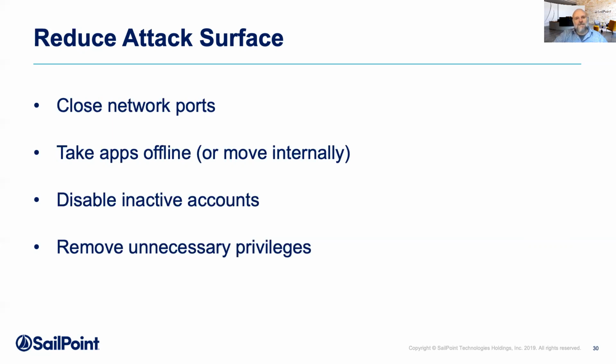Disabling inactive accounts is a gimme, right? If you have accounts that belong to people who don't work at your company anymore, and you don't have any reason, you've got to be careful if they've got business processes that someone hard coded their account into. Be delicate with that cleanup, but you can kick that initiative off as soon as you start your threat modeling process. You don't need to wait there.